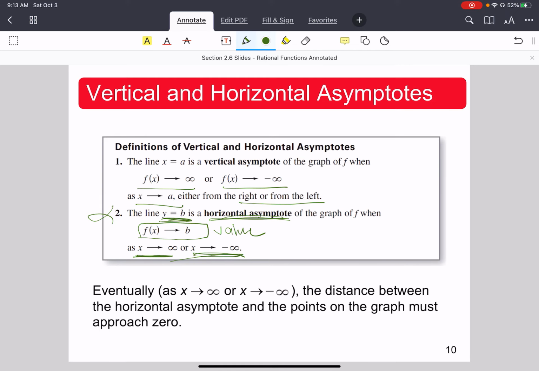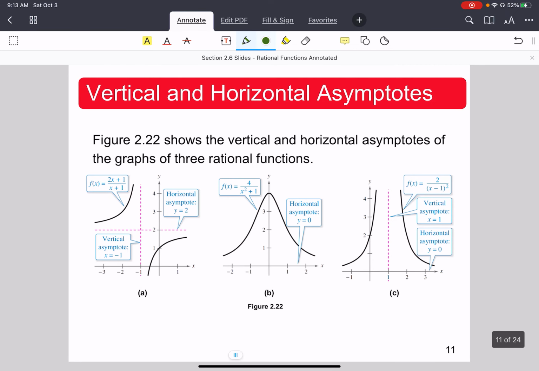So we're going to take a look at that on these figures. You realize that on the left hand side, as the x's are getting bigger, the y values are getting closer to this value 2. So the horizontal asymptote must be 2. Similarly, for the curve on the left, as x is getting bigger, the y value is getting closer to that y equals 2.